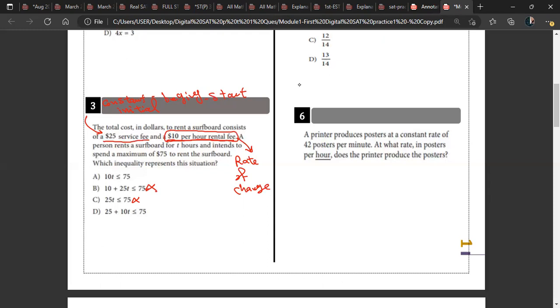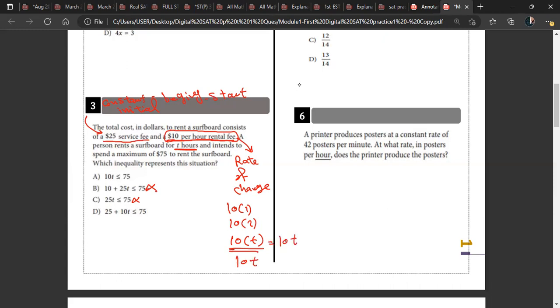This is called the 10 per hour rental fee. A person rents a surfboard for T hours. For 1 hour, you have 10 by 1. For 2 hours, 10 by 2. For T hours, 10 by T. So this part will be 10T.